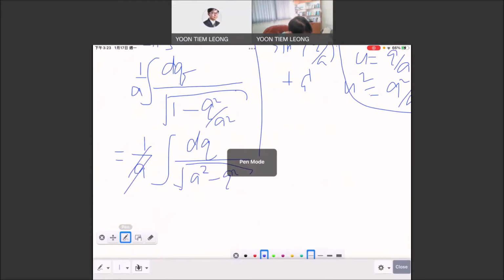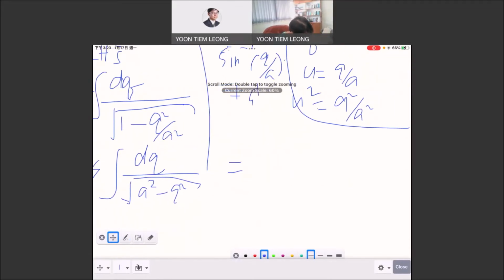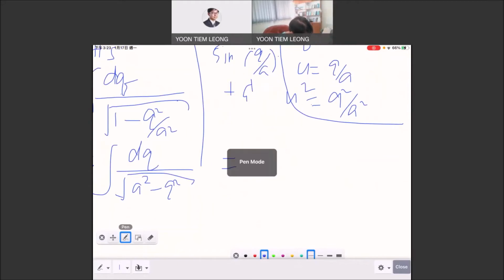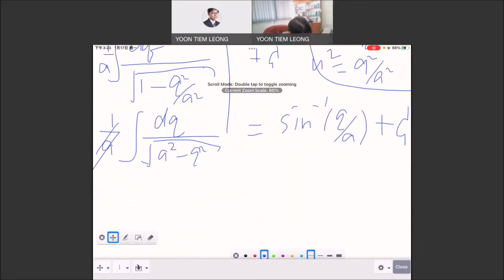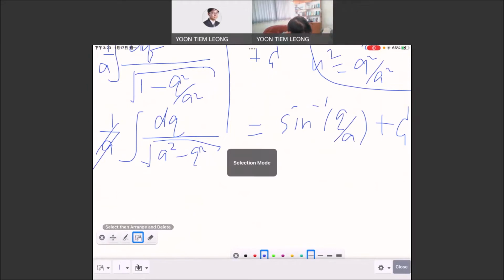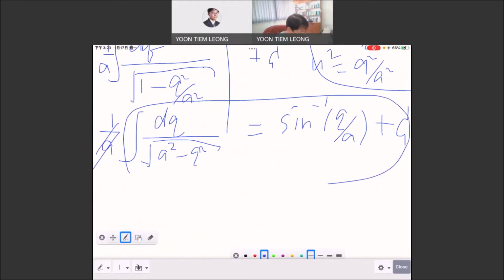The right hand side is just arcsine of q over a plus a constant. We are almost there already. So this is a relationship that relates the variable q.